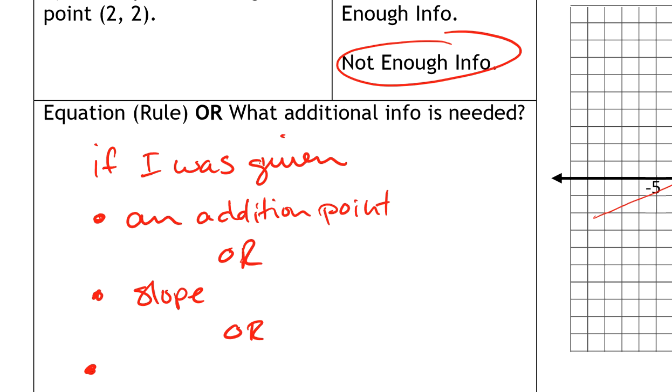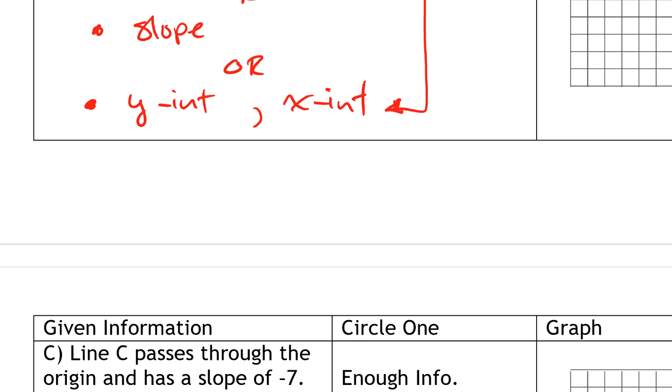Or maybe a y-intercept. And actually, I could be given an x-intercept for that matter. Both of these are just, if you think about it, additional points as well. So not enough information. I need to have either one point and a slope pattern or the equivalent of 2 different points to come up with the equation of a line. So let's move on to part C.